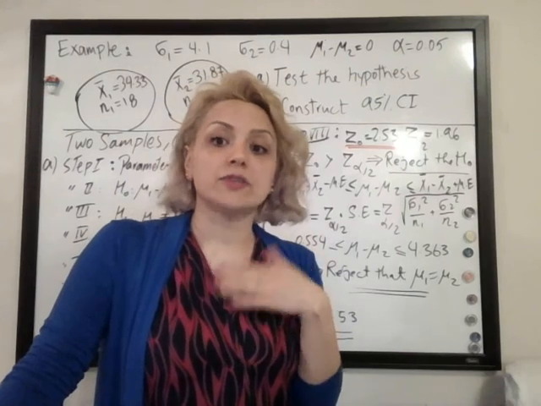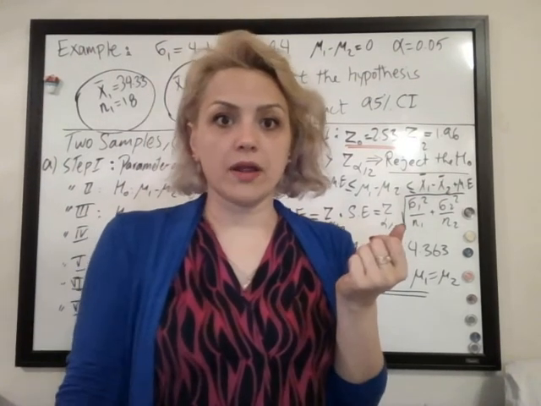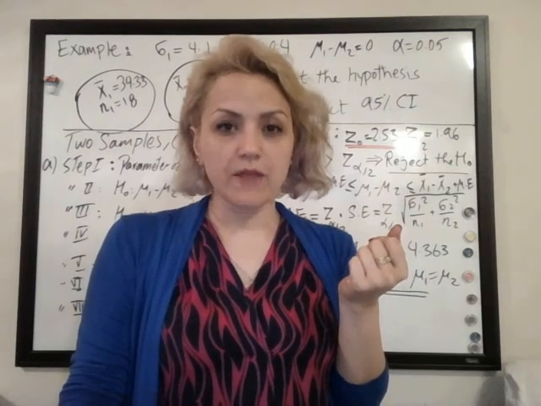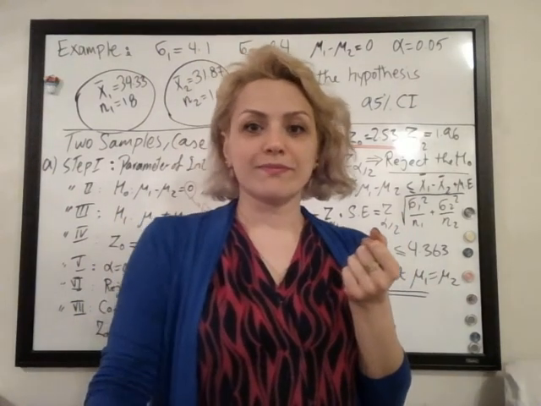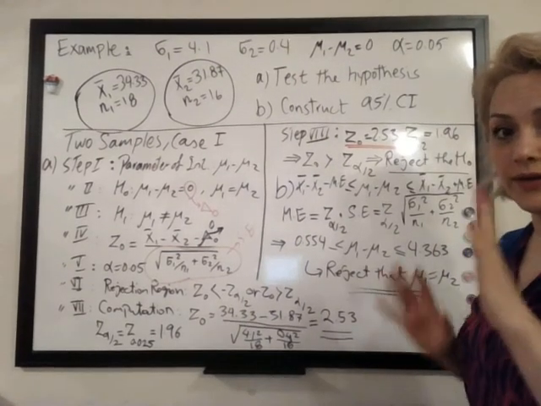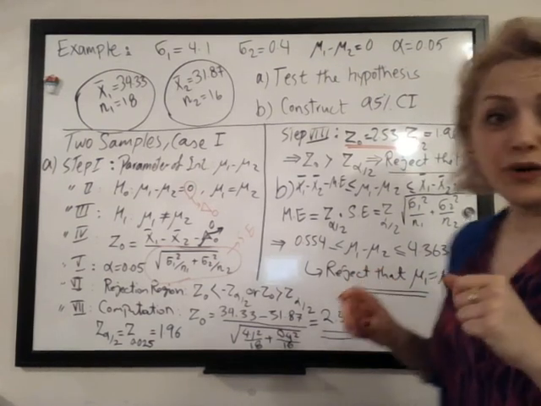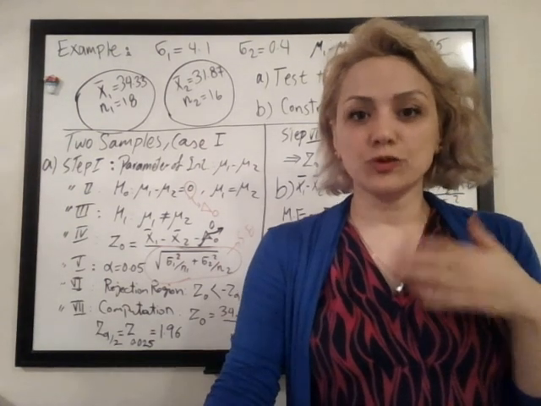So definitely we would get the same answer. So that's an example for case 1 when we have 2 samples. I can go on the side if you want to pause the video and look at the whole answers. Let me know if you have questions and I can give you more examples about it.